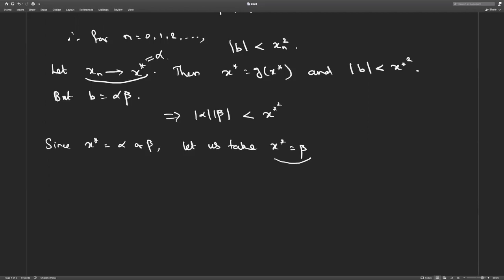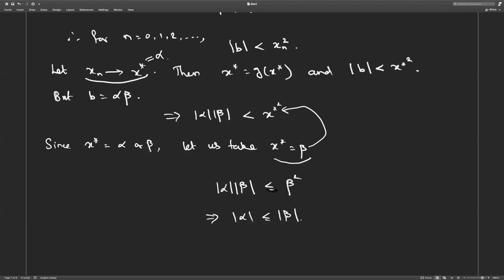Let us see. If you assume x star equal to beta, you just put it into this inequality. You will have mod alpha into mod beta is less than or equal to beta square, and that implies mod alpha is less than or equal to mod beta.